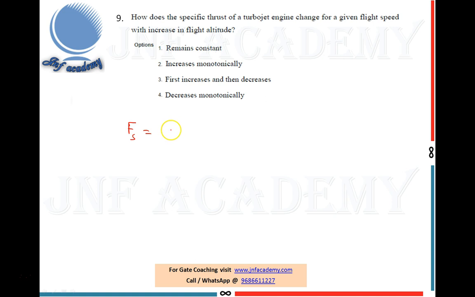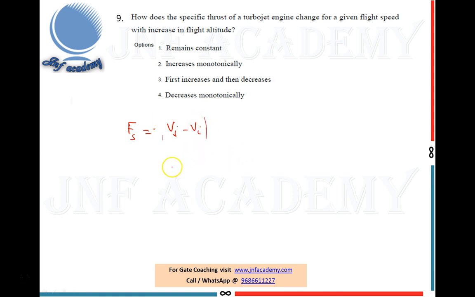Fs is equal to thrust divided by the mass flow rate. Thrust is m dot into Vj minus Vi, divided by m dot I. So m dot I gets cancelled, and Fs is equal to Vj minus Vi.